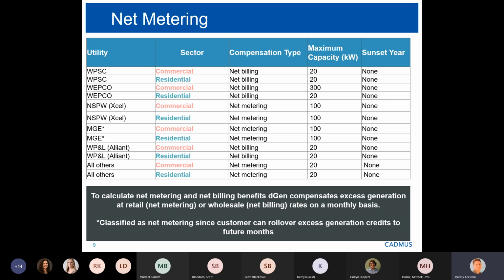The other utilities are primarily net billing, with the exception of Xcel. For all other utilities that aren't the bigger IOUs listed, we're assuming a net metering policy. We don't have any sunset years for these policies in our baseline input, and there are various capacity limits that also apply to residential and commercial customers.